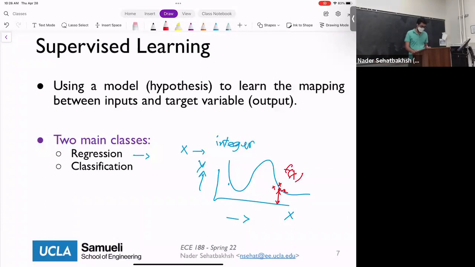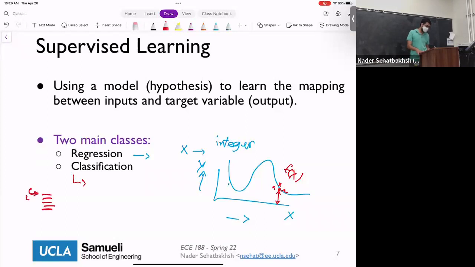Classification, on the other hand, is usually just labeling data from some discrete domain. So you have a bunch of different inputs. The inputs could be either continuous or discrete, but the outputs are only some classes, some finite number of classes. Okay. So for example, in gender classification, it's male or female.